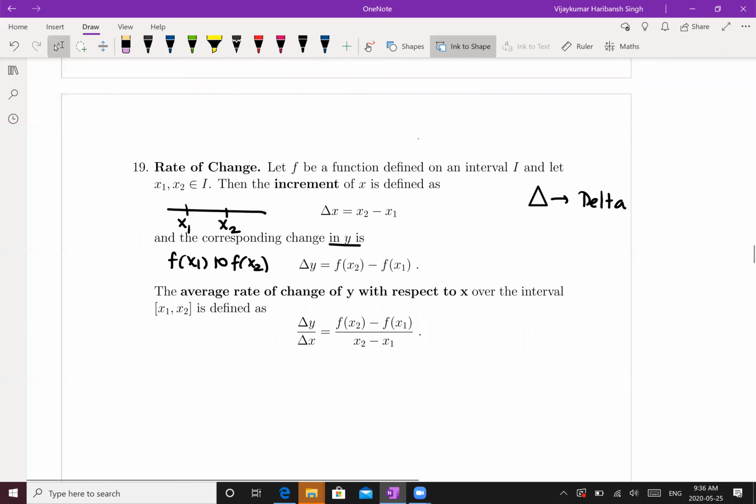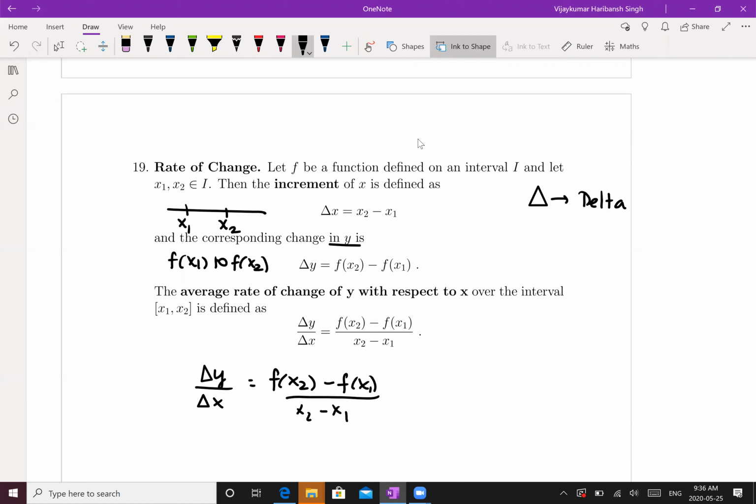Therefore, the average rate of change in y with respect to x on x1, x2 is how much your y changed divided by how much your x changed. That is f of x2 minus f of x1 over x2 minus x1. Now, how would we get the instantaneous rate of change?